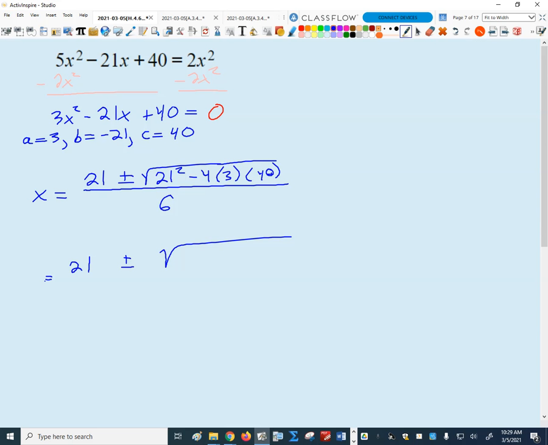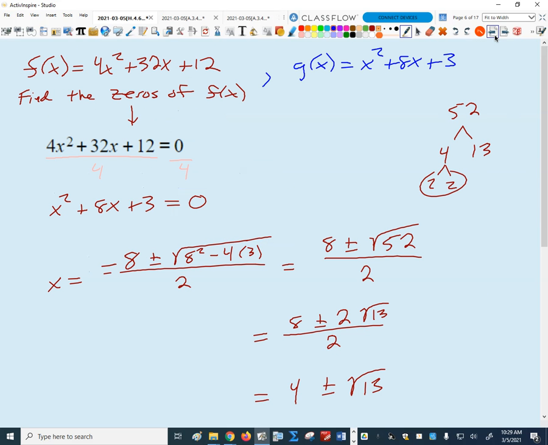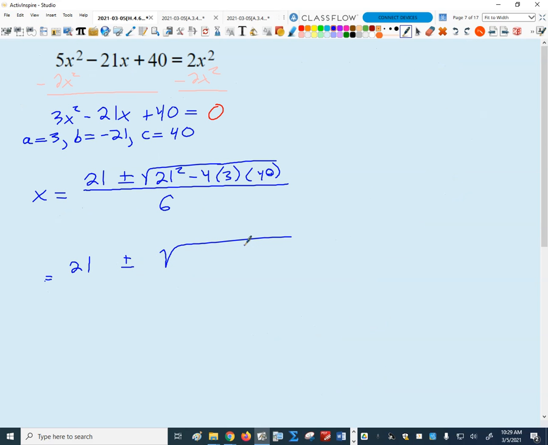In the last example, we could make A 1 because I could divide 4 evenly into all parts, A, B, and C. But in this case, we can't do that. So we just leave the values as A equals 3, B equals negative 21, C equals 40. We do not want to have fractions. Fractions make this very messy, okay?